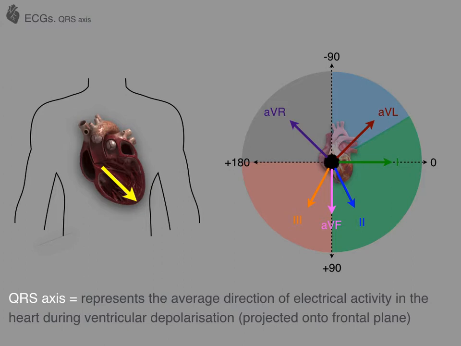This average direction is simply measured against the hexaxial system of the limb leads, to that first half of the ECG.